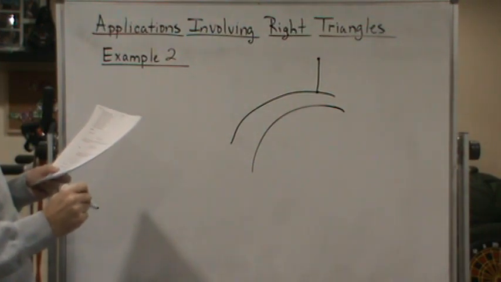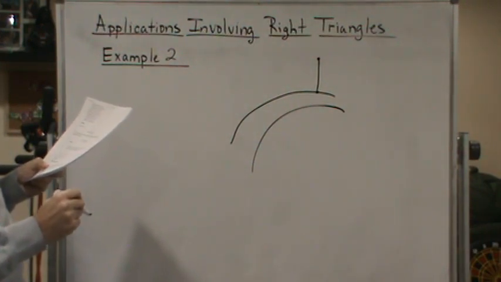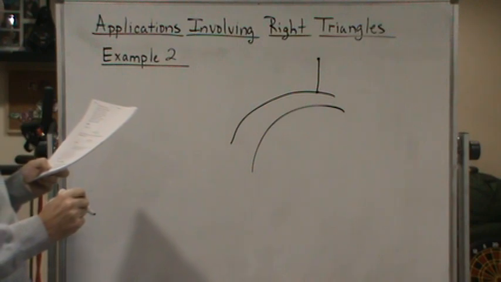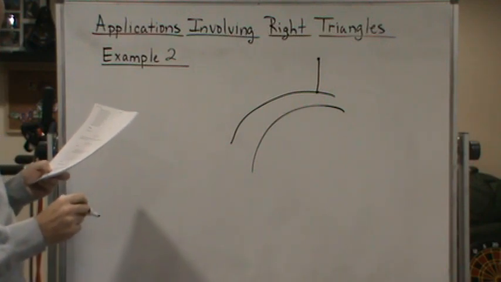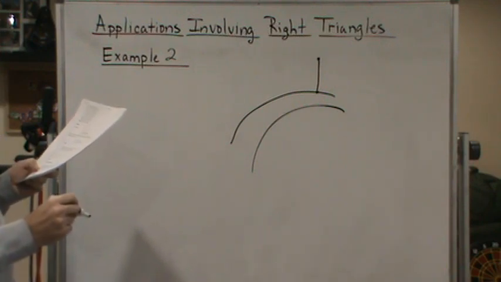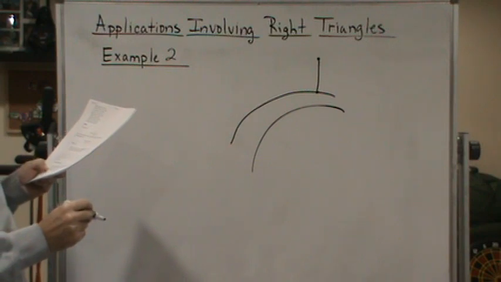And then the bike path is 200 yards from the lighthouse. And then a walkway to the lighthouse is 400 yards long.